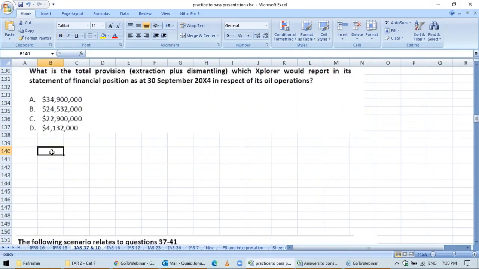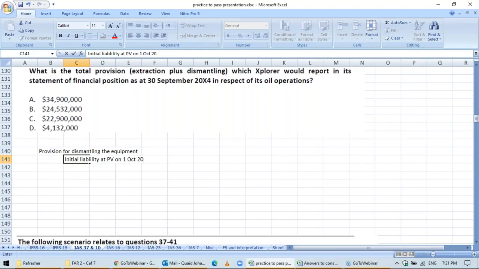First of all, the provision for dismantling the equipment. This will be initially recorded at present value on 1st of October 20x3, because when did they get bound? Once they install the equipment, now they cannot save themselves from making a payment.